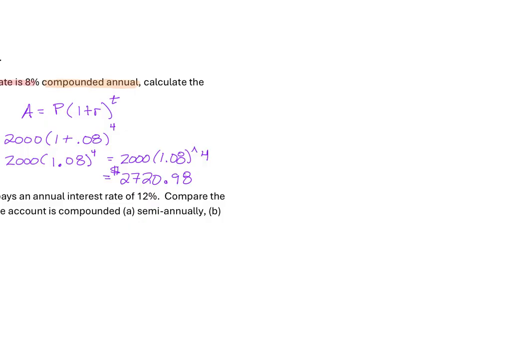Okay, so now, as I said, you do want to be careful when you put this in your calculator. Some people like to say, okay, well, what is 1.08 raised to the 4th? And what I get here is 1.36, and this is a rounded value.